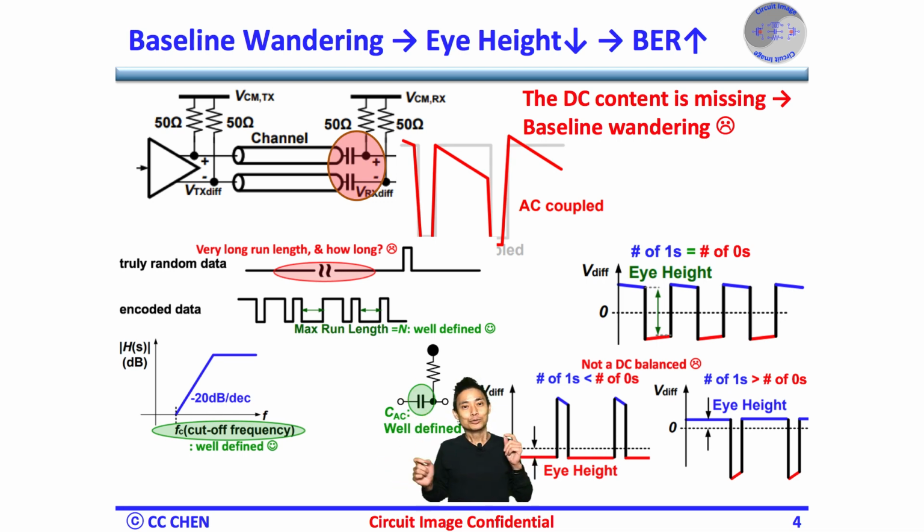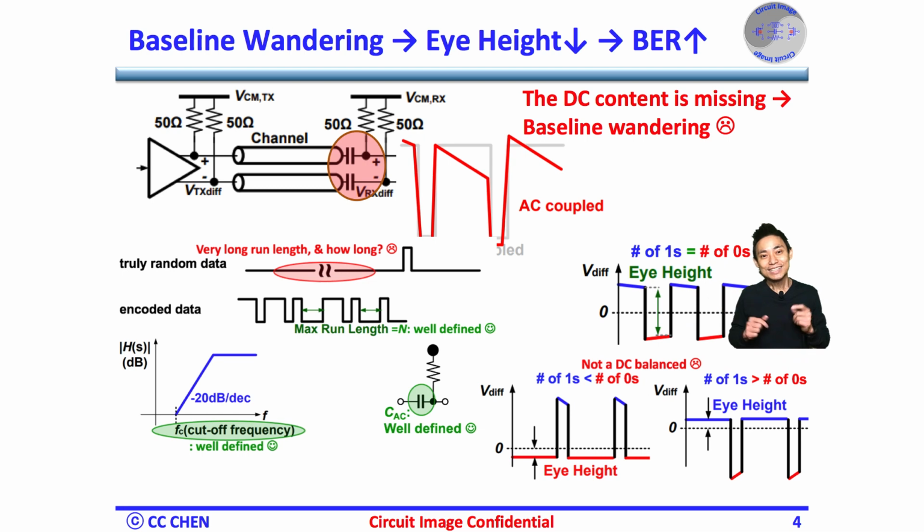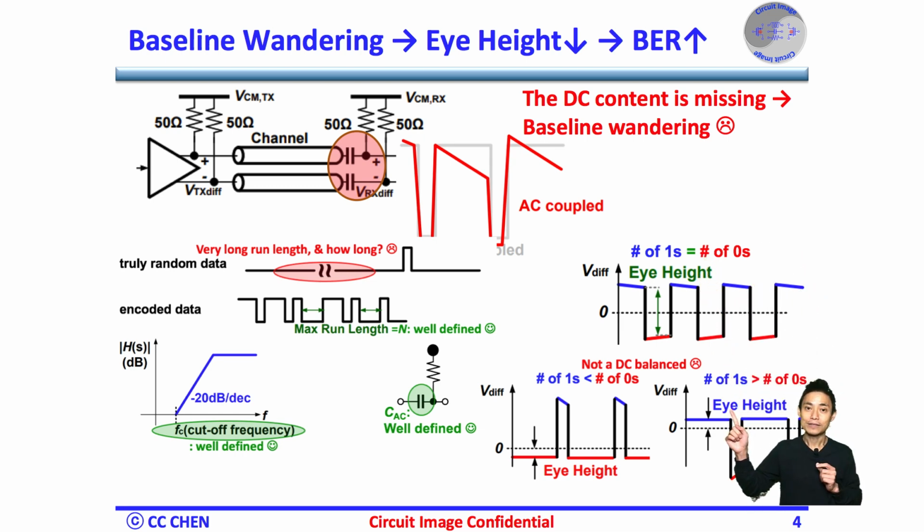In addition to the bounded data transition, what else would be the requirement of the encoded data to avoid the DC wandering? Correct. DC balance, which means that the number of zeros transmitted must be the same as the number of ones transmitted through the AC coupling capacitor, to remove the DC offset of the long 1 or long 0 to a different switch level, which would reduce the eye height and increase the bit error rate.